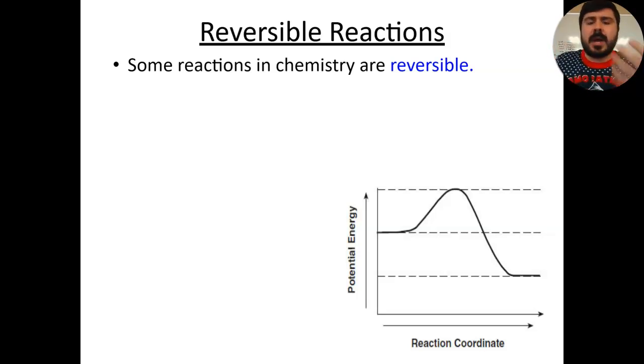You can't do that, right? A lot of chemical reactions in life, you are not able to reverse, where you take the product that you ended with and turn it back into your reactants.